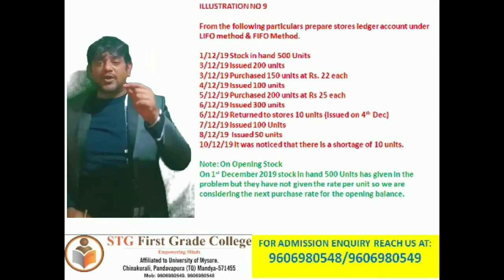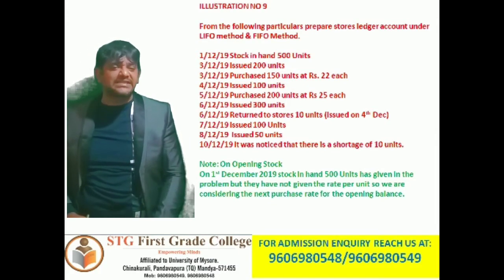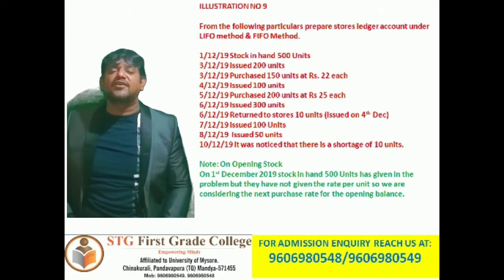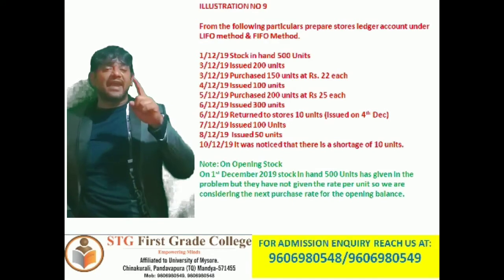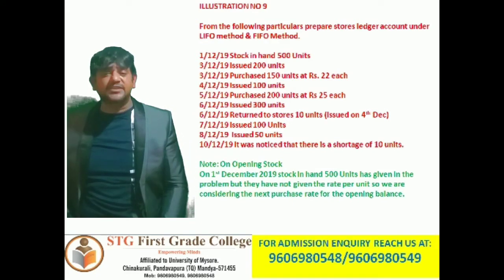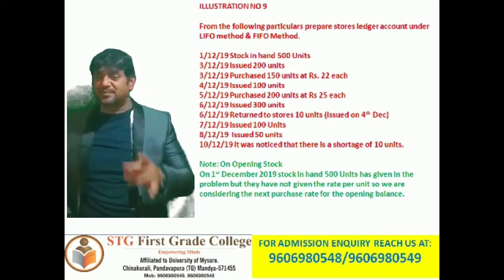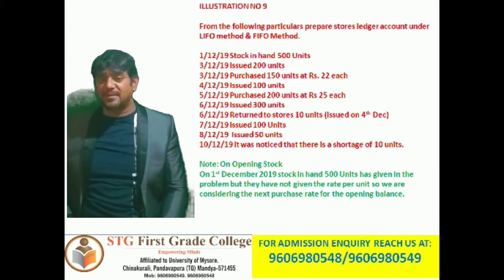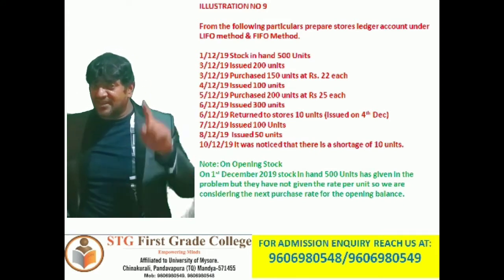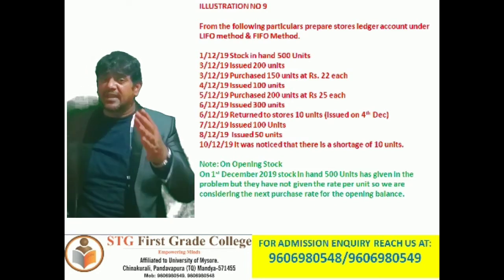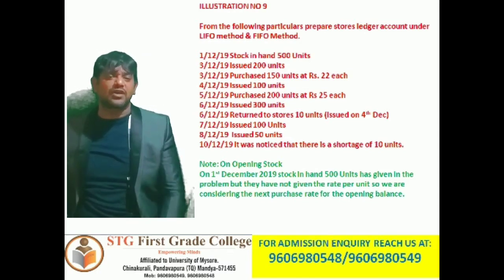On opening stock, on 1st December 2019, stock in hand 500 units has been given in the problem, but they have not given the rate per unit. So we are considering the next purchase rate for the opening balance. Are you clear? So the next purchase rate we are going to consider. That means look at 3rd December, that is 3/12/2019.